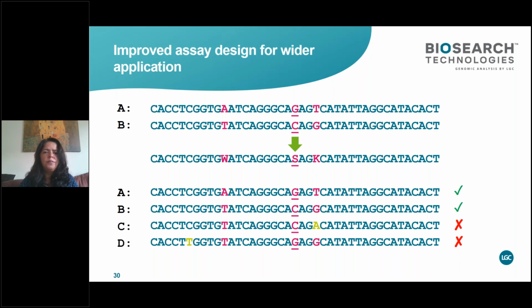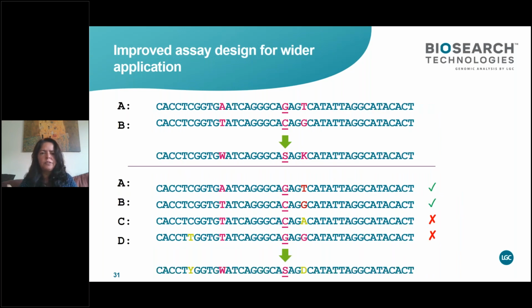So by looking at the 3000 project, we were able to identify further variation in the sequence and consequently produce a KASP primer or a KASP assay which was applicable to a wider range of varieties that have originated from different countries.